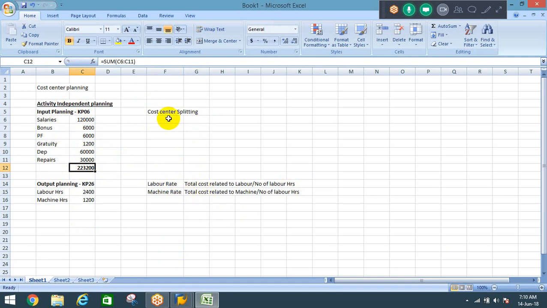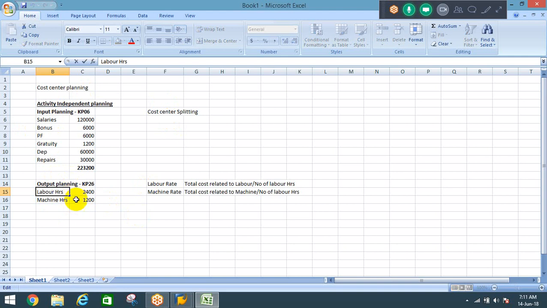But here there is no link between the cost element and activity type. The system cannot identify whether this cost element is related to labor or machine. So when we do the splitting, it will distribute equally to all activity types that you have in the cost center.